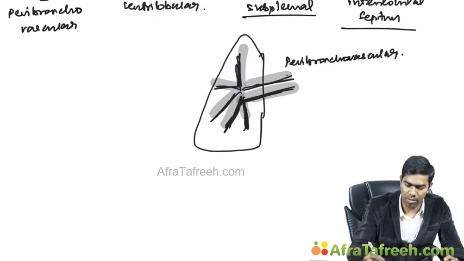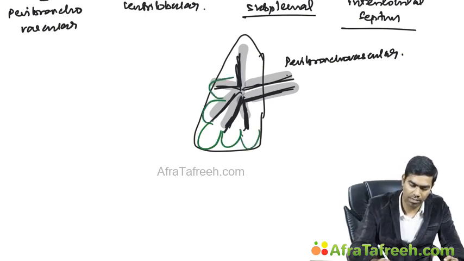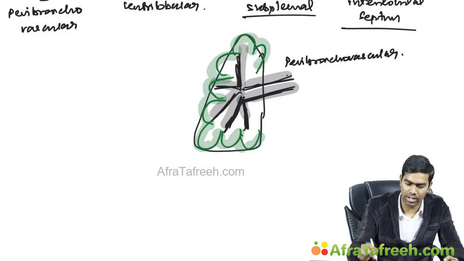And finally, you are going to have multiple secondary pulmonary lobules, which are the basic functional unit of the lung. The septum that is surrounding the secondary pulmonary lobules is connective tissue. This is what we call the interlobular septum.